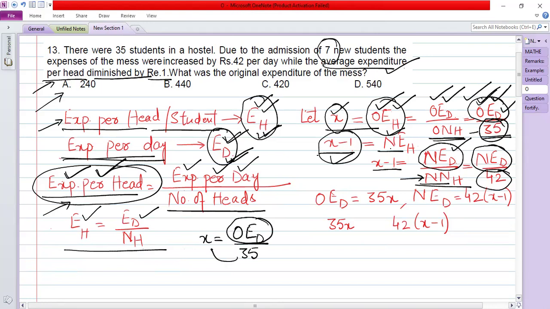It will be nothing but 35 into X, which is here. And similarly, X minus 1, the new expenditure per head, is nothing but the new expenditure per day divided by the new number of heads. So what will the new expenditure per day be? It will be 42 times X minus 1.